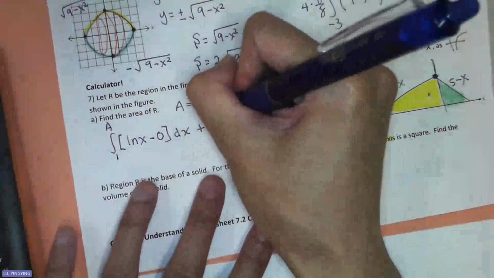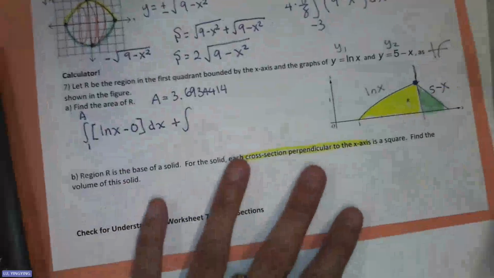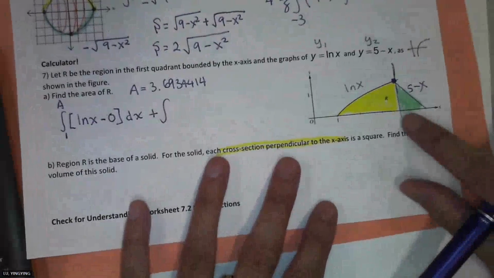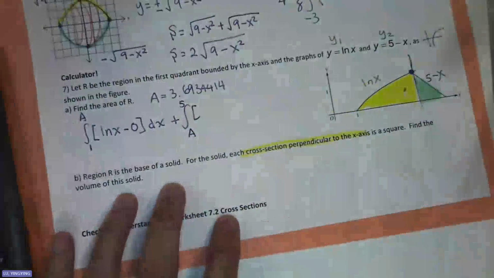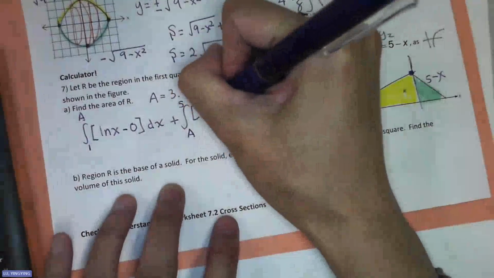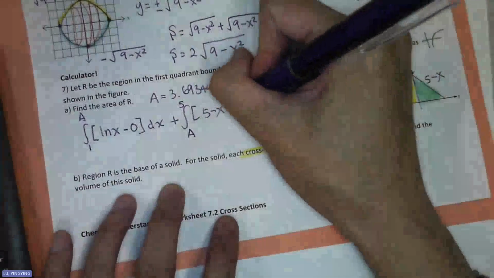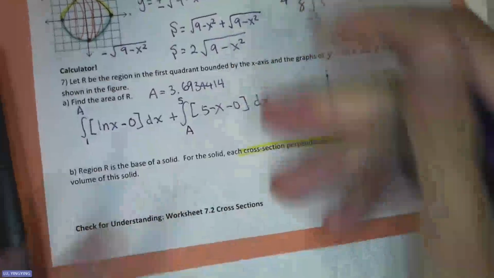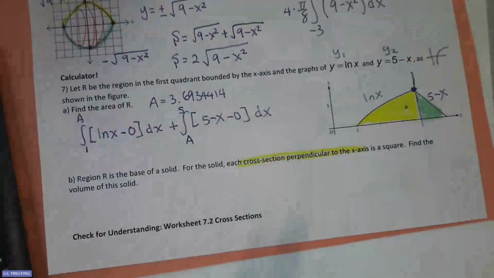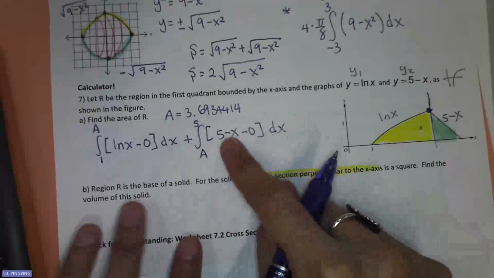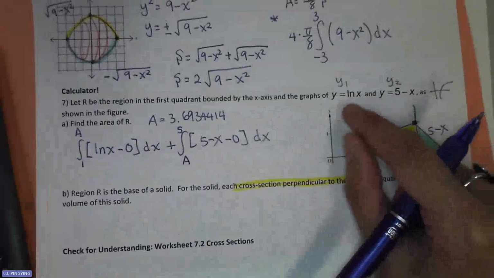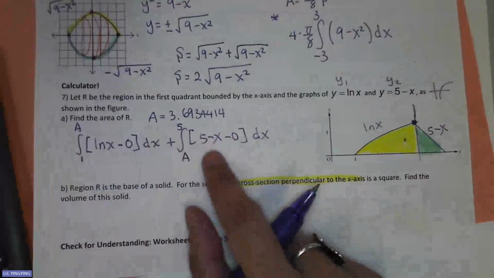We're going to add the green part. What's the bound of the green part? A to phi. The top function is phi minus x, the bottom function is still 0, and dx. On the AP test, this is all you need to write. They did not define f and g, so you cannot write f of x and g of x here, but if you want to define f of x and g of x, you can.